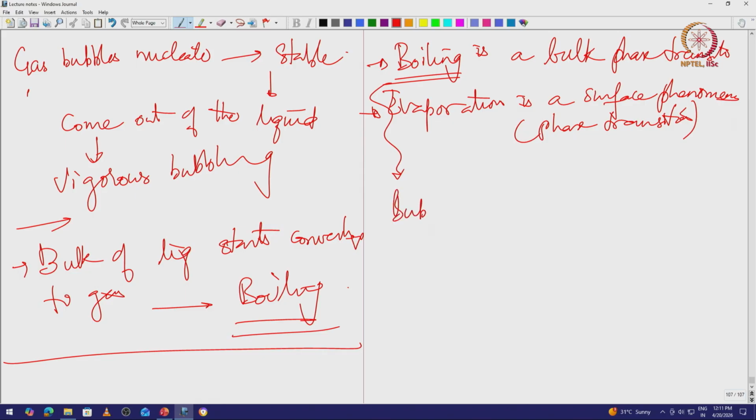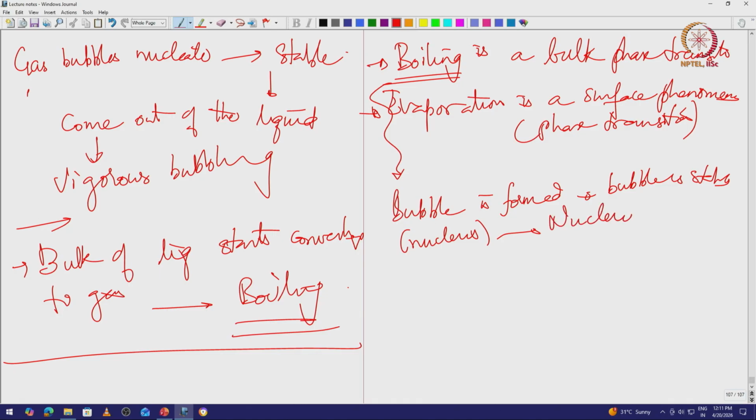So the bubble is formed, the bubble is stable, what is called the nucleus, and now this nucleus has enough driving force to grow. Okay. So that is delta G.